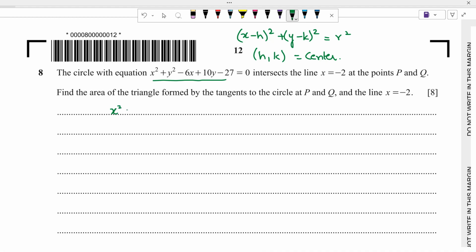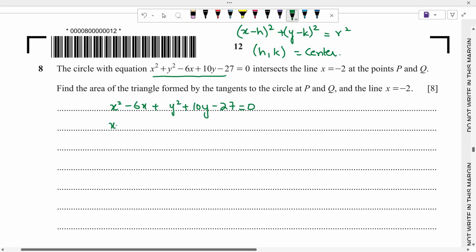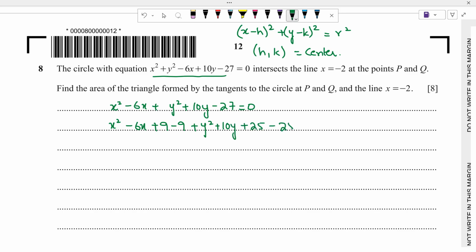So x squared minus 6x plus y squared plus 10y minus 27 equal to 0, and in this case we have x squared minus 6x, we will add and subtract 9, plus y squared plus 10y. To make it a complete square, we will add 25 and subtract 25, minus 27 equal to 0.